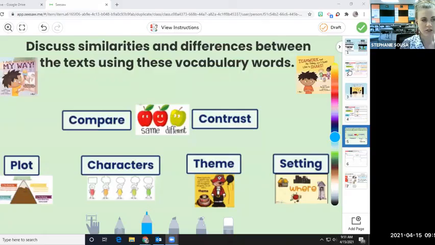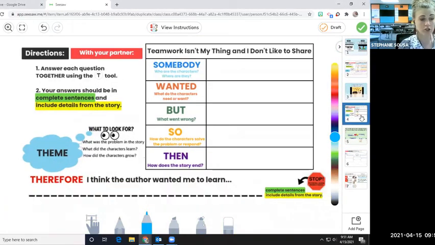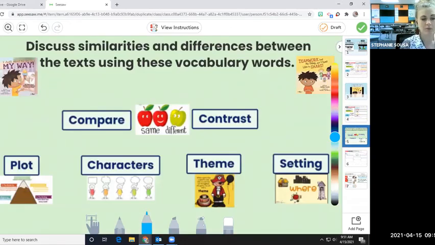Okay, you today are going to use those two notes pages that we took, one together, one with your partner just now, and you are going to compare and contrast the text that we read: I Just Want to Do It My Way, and Teamwork Isn't My Thing, and I Don't Like to Share.